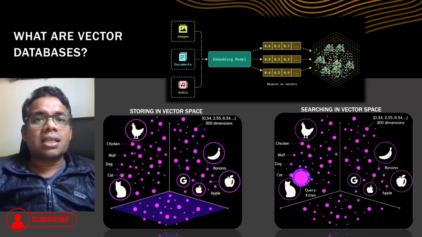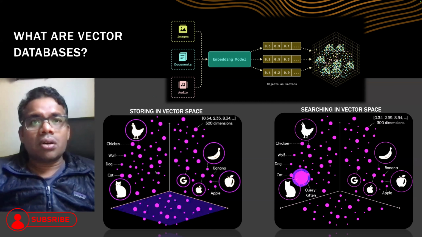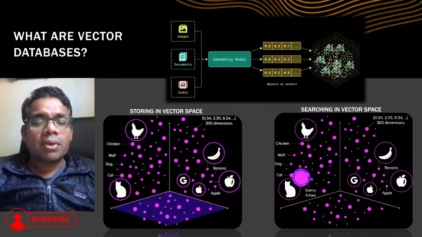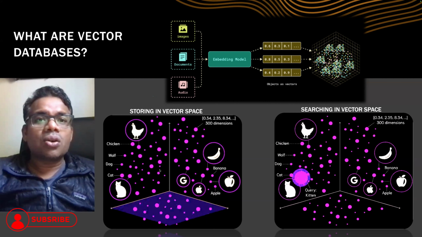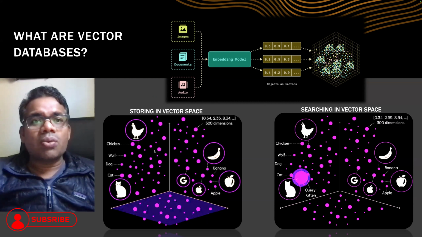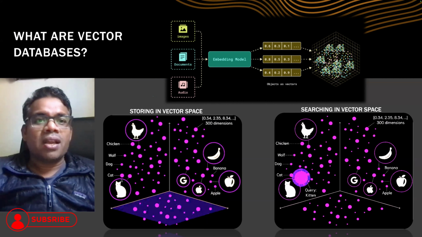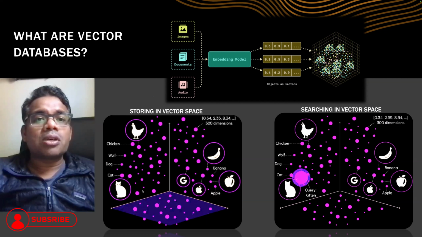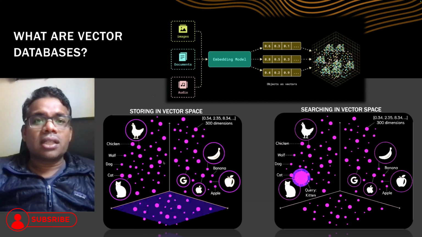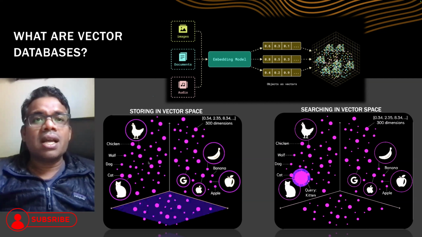When it's a wolf, it's in the category of animal, so all these things are stored very nearby. It can also make clusters: a wolf is not a pet, but if it comes to a pet, then the set of pet information will be clustered in one place, and animals in another place. It will store the data in such a way that all related information is stored as close to each other as possible.